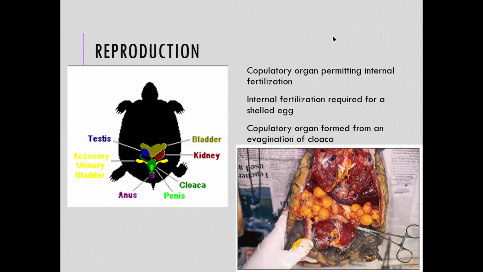Okay, we move to their reproduction organ. The copulatory organ permits internal fertilization. Internal fertilization is required for shell egg, and as I know, there is no parthenogenesis turtle in the world until now. And then the copulatory organ is formed from an invagination of the cloaca.